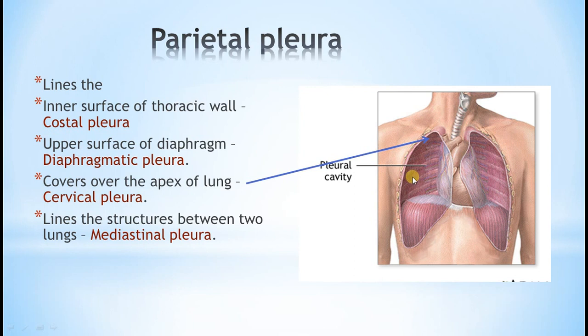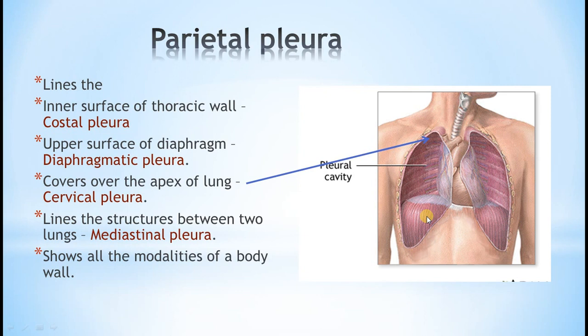So we have seen costal pleura, cervical pleura, diaphragmatic pleura, and we have also seen the mediastinal pleura, which lines the mediastinum, shown with an arrow. All these subdivisions are part of the parietal pleura.